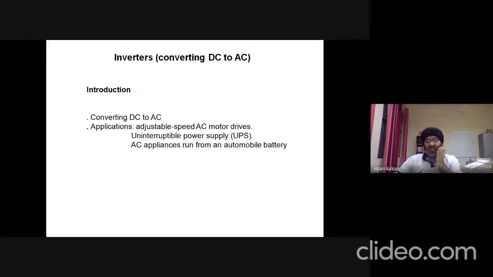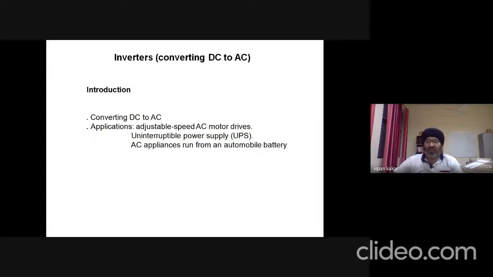Because at the output we have an AC signal, we can have a controllable AC signal which can be used for AC motor drives. And then the uninterruptible power supplies, normally used in labs or industries, to have uninterruptible AC supplies from AC mains, where we just use DC input to have an AC output.